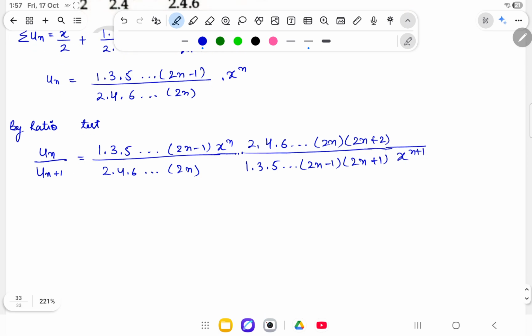So this simplifies to, after cancelling the common terms, we'll be left with 1 by x times (2n plus 2) divided by (2n plus 1).